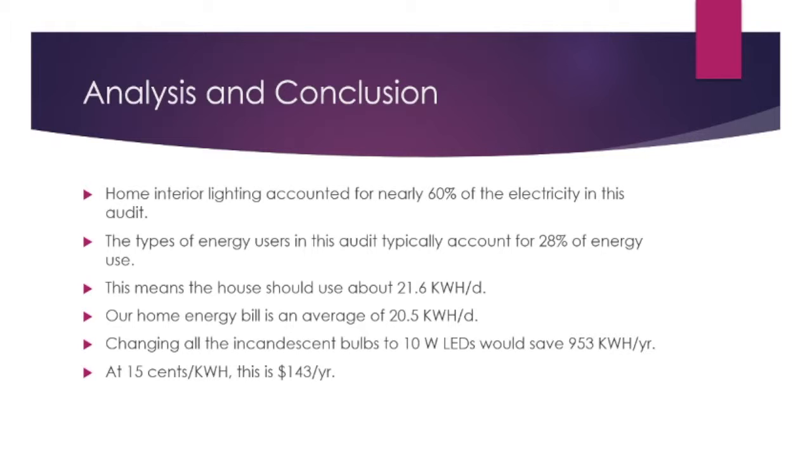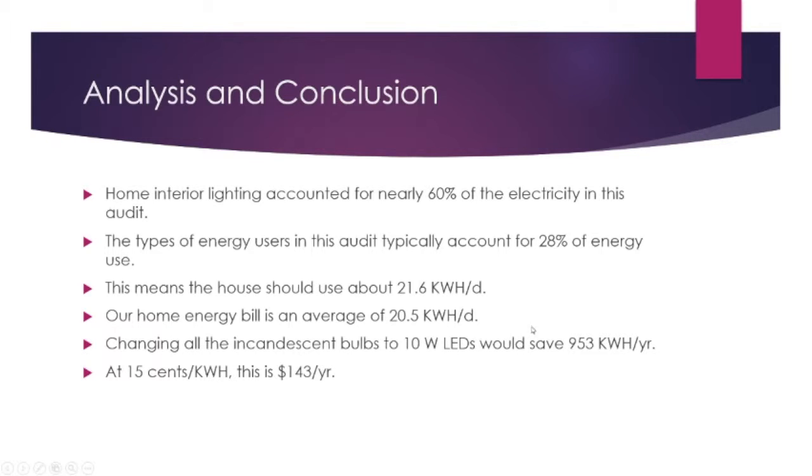If we changed all the incandescent bulbs to 10-watt LEDs, we would save 953 kilowatt hours per year. And at 15 cents per kilowatt hour, this is $143 per year. So that's the major takeaway from this audit: lighting is really our biggest draw of this sort of discretionary power usage, the stuff that we're using inside our homes that's making a big difference.